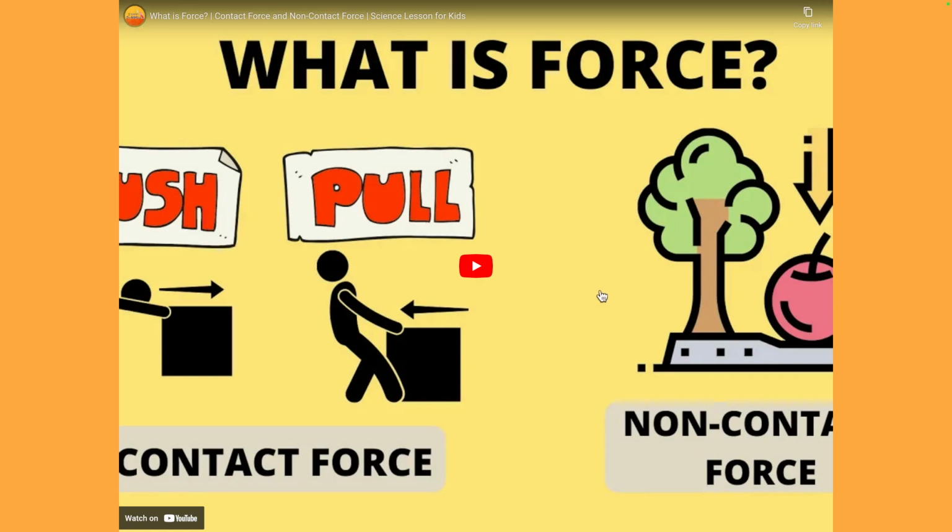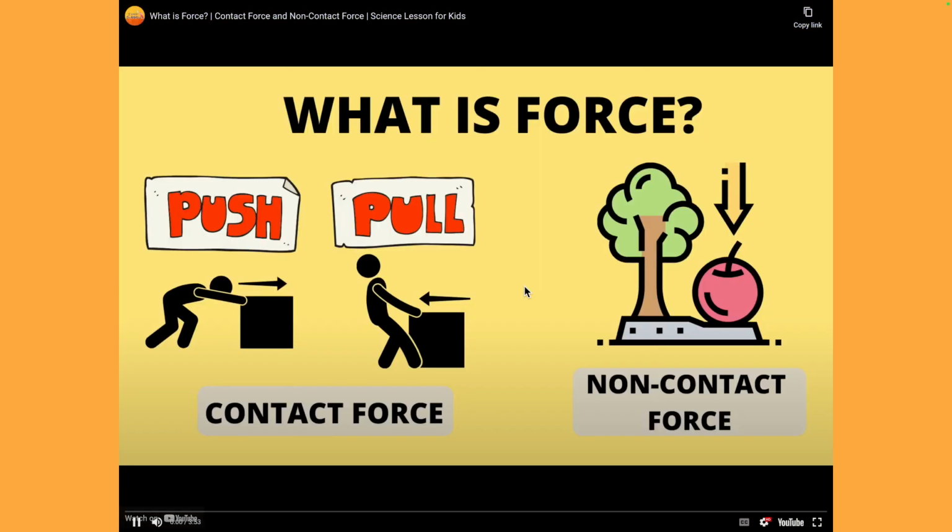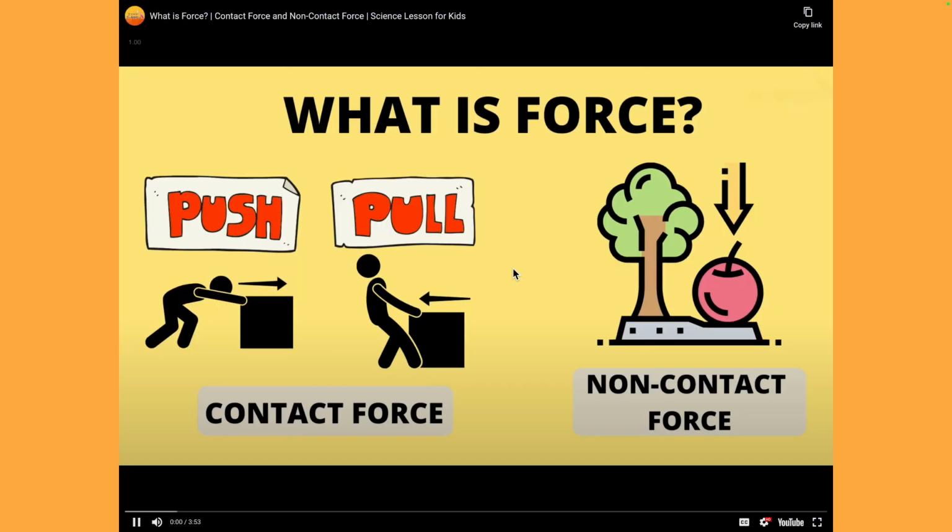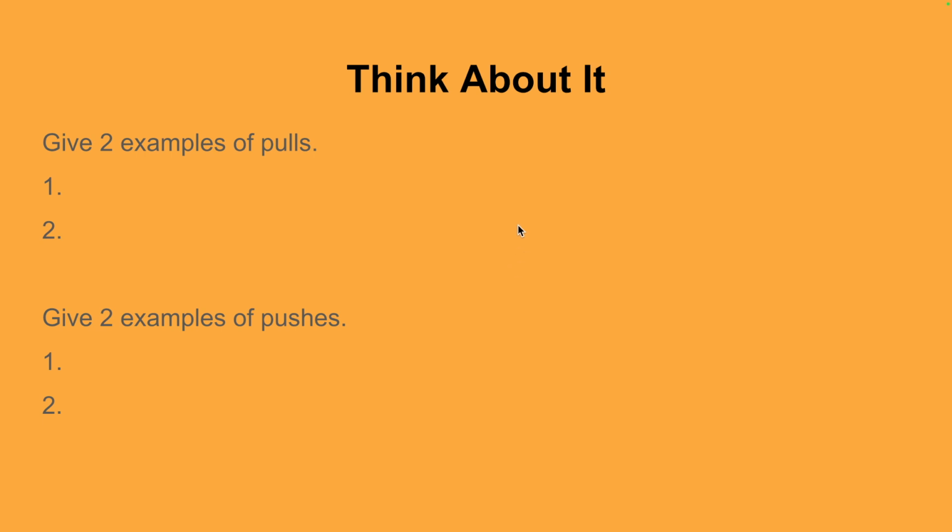And then having watched both those videos, come back and continue watching this video, but make sure you watch this one and then answer this question. Think about it. Give 2 examples of pulls and 2 examples of pushes, which should be fairly simple, but try to pull some that are new, maybe that you got from the video.